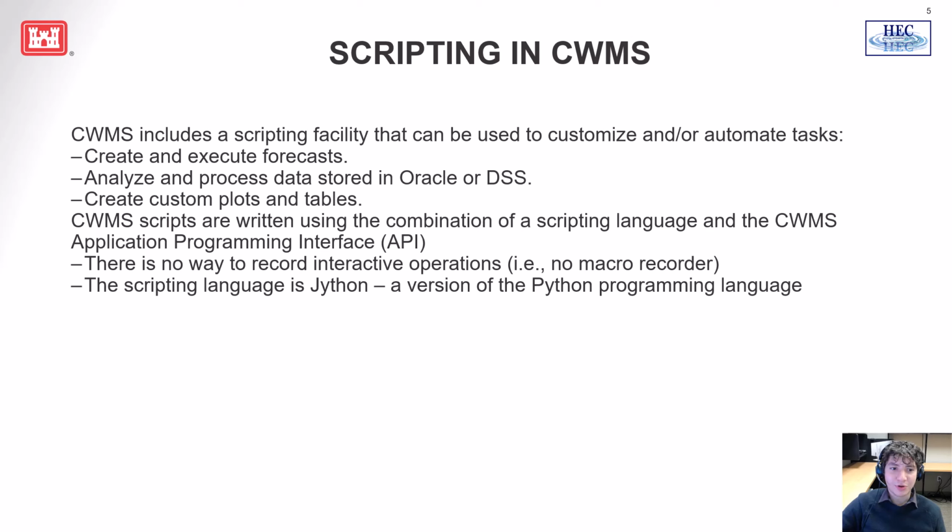So currently, we also want to mention that there's no way to create an interactive macro recorder. So we can't record any of the actions you've done to be able to repeat them later on in a script. So all of the scripts have to be coded in Jython, which is our scripting language, using our SWMS application programming interface, or SWMS API.